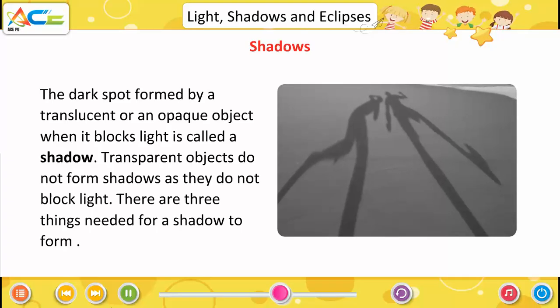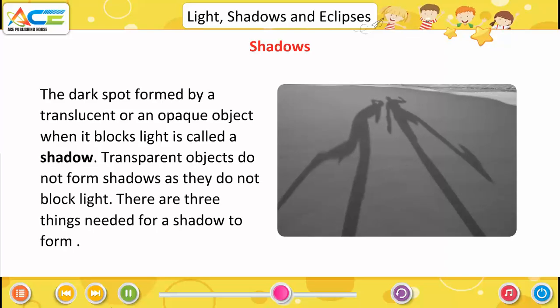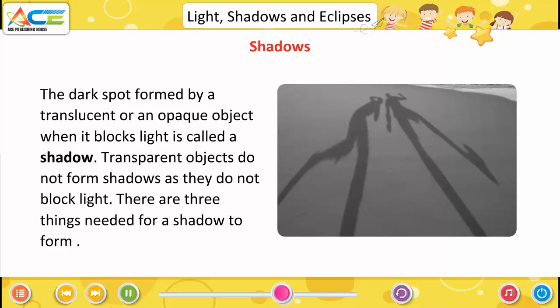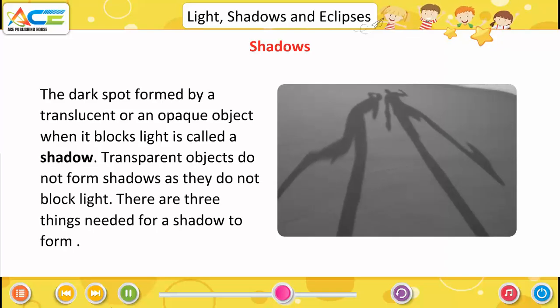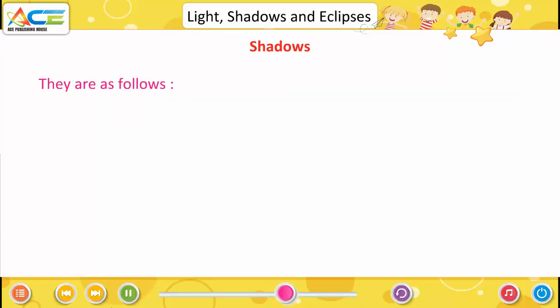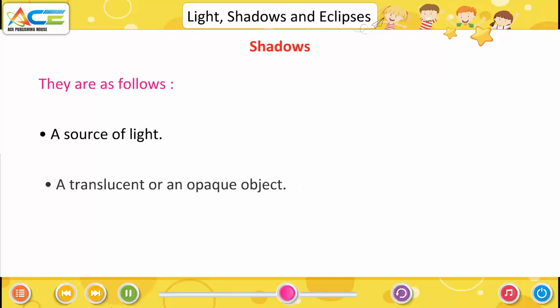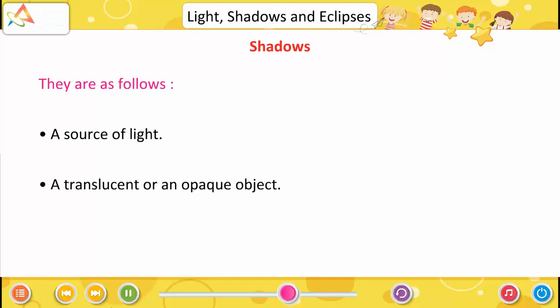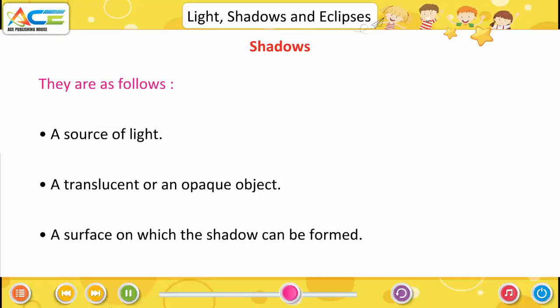Transparent objects do not form shadows as they do not block light. There are 3 things needed for a shadow to form. They are as follows. A source of light, a translucent or an opaque object, a surface on which the shadow can be formed.